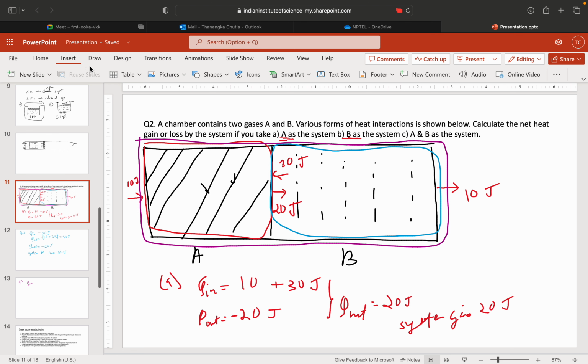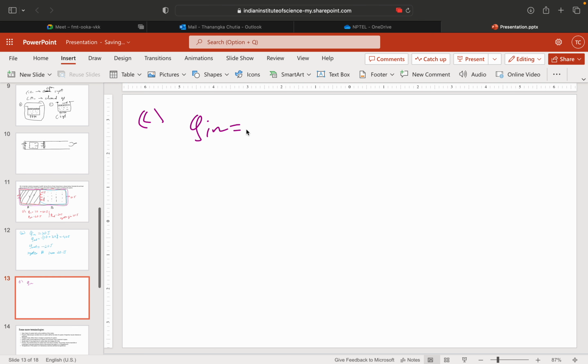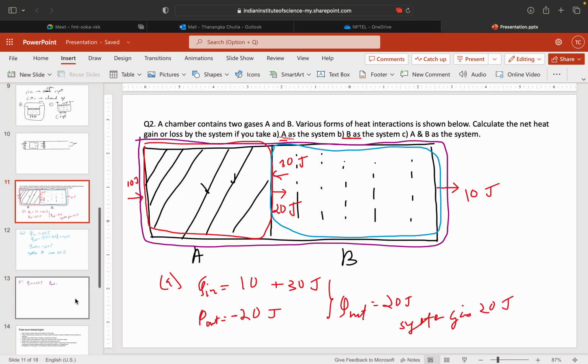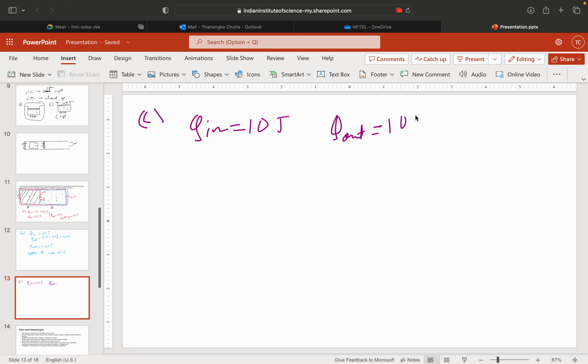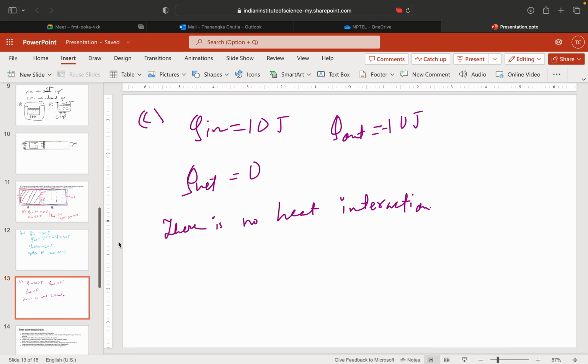So Q in is equal to 10 joule, and Q out is also equal to 10 joule. This will be with a negative sign, so my Q net will be 0. That means for this combined A and B system, there is no heat interaction with the surroundings.